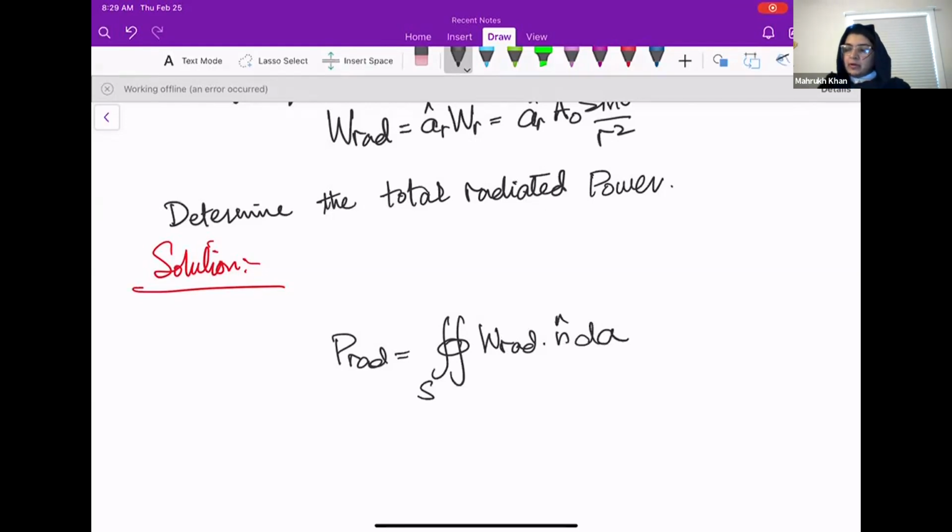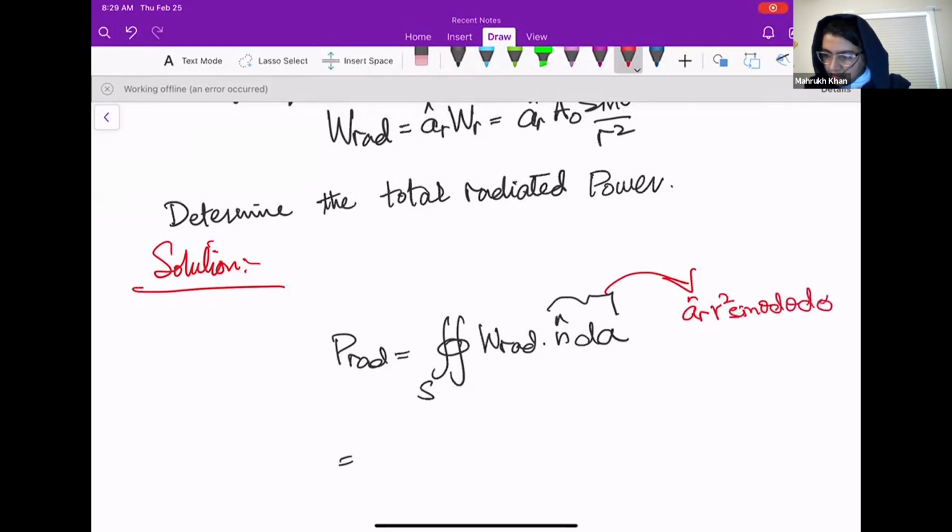Where n is the normal vector that is pointed out from the surface area you are considering. Normally when we take this, we say that this is a_r, r squared sine theta, d theta, d phi. And we will plug this in.